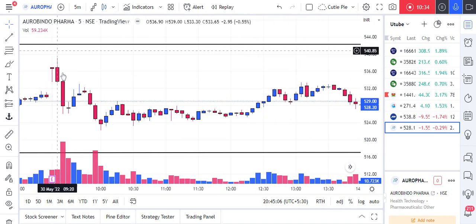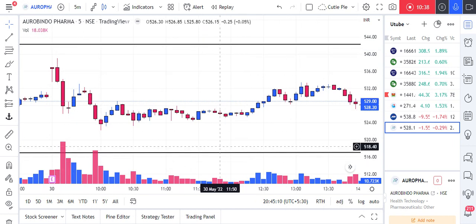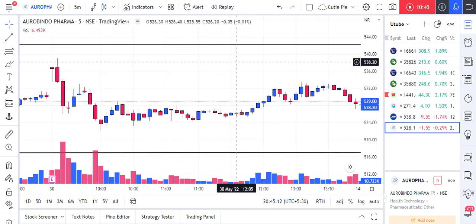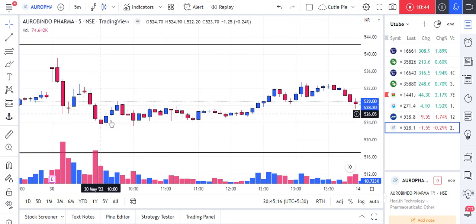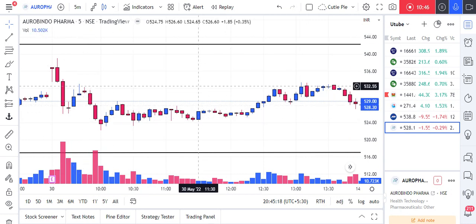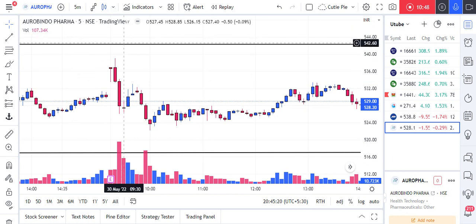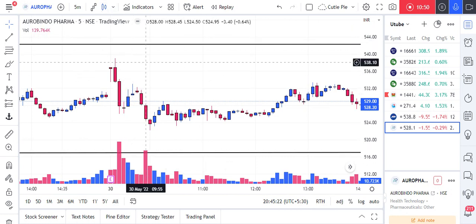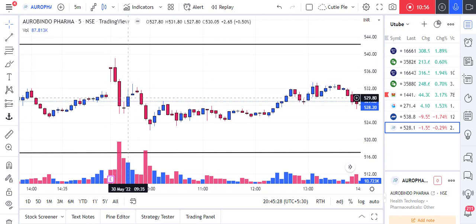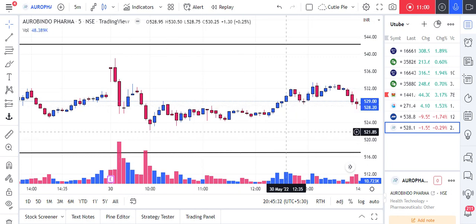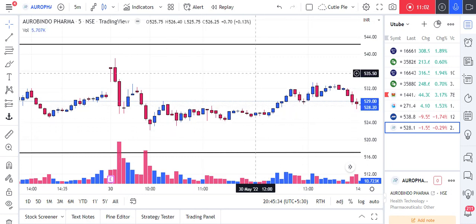So since the price is not touching any level and is in between these two lines, don't take any trade, because we are taking these levels as our strong support or resistance. So today, even though it was having an earnings report, we didn't get any trade.